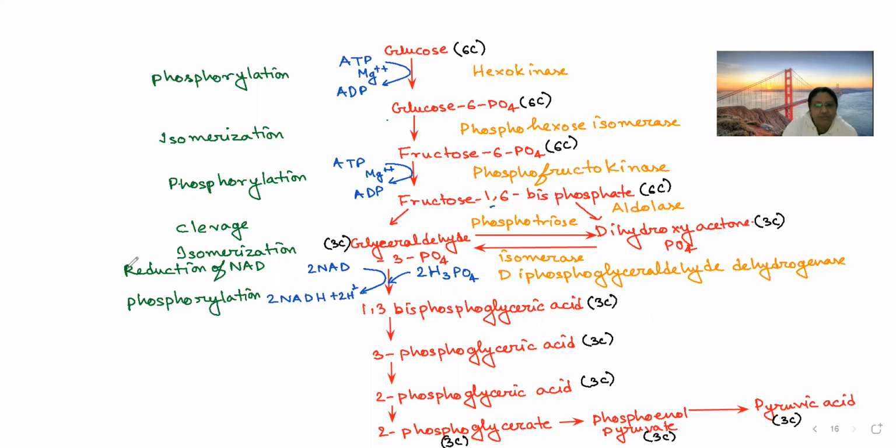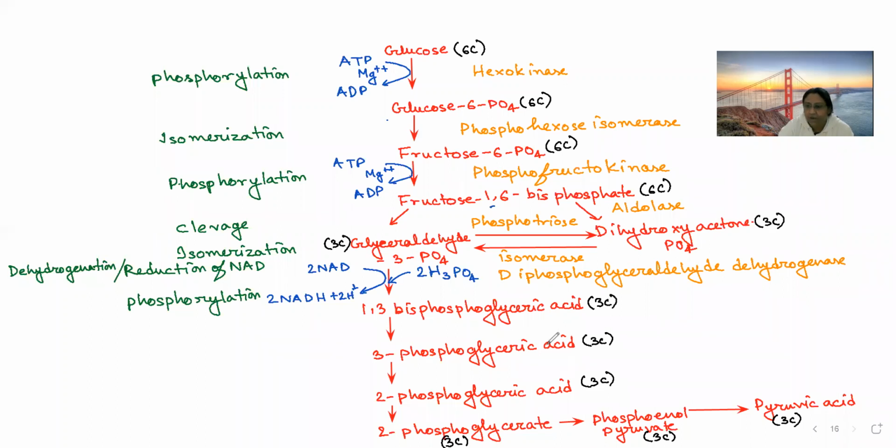In this reaction you can write reduction of NAD or you can write dehydrogenation. Why? Because NAD is accepting hydrogen and glyceraldehyde is getting rid of hydrogen. So that is why the enzyme name is diphosphoglyceraldehyde dehydrogenase.